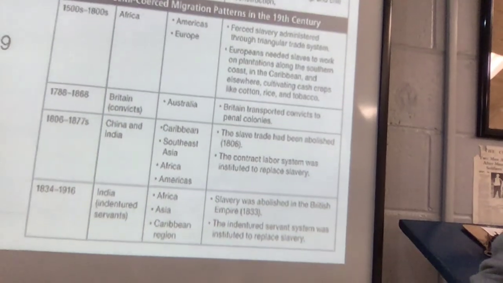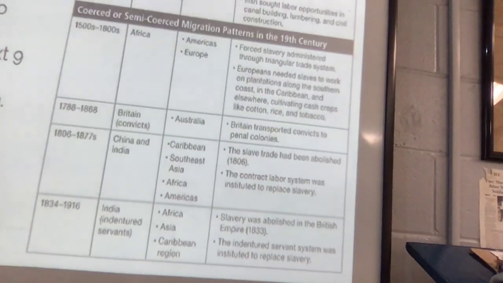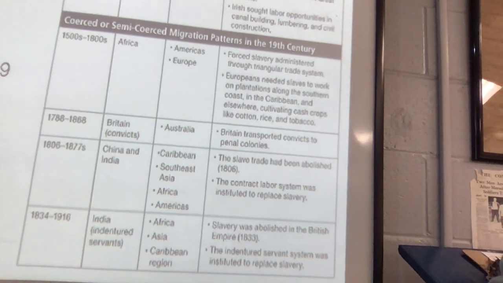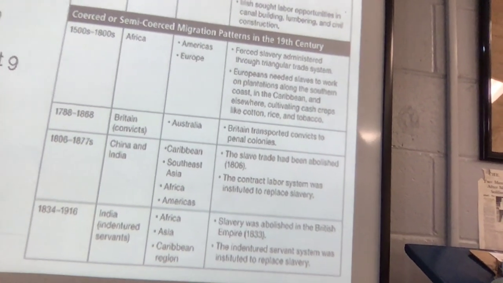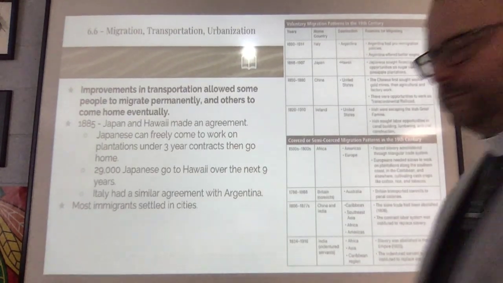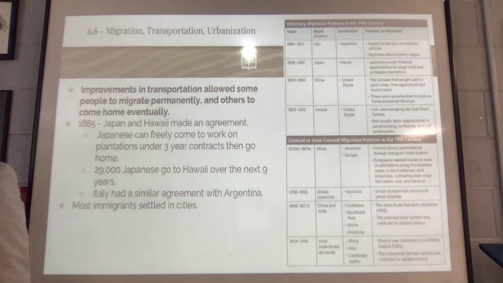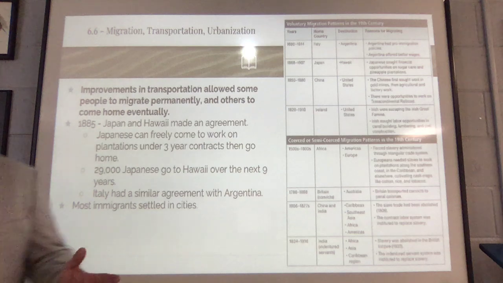There we go. You have coerced. There's a good place. Coerced or semi-coerced migration patterns in the 19th century. Okay, so that is a good chart for you to use when looking at that. So anyway, just thought I would kind of show that to you. But feel free to stop, and I may send this out if you definitely need it.